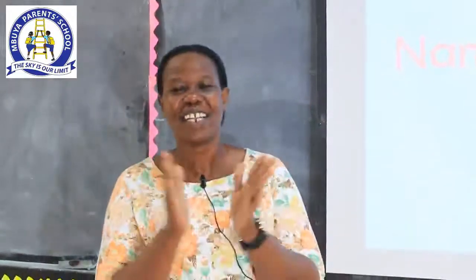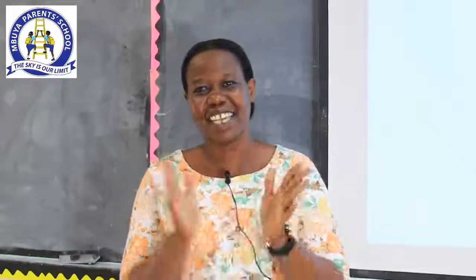Oh, mama chips na, mama chips na, letter R, R, letter I, letter C, letter E. Which word is that? Rice. Oh, mama chips na, mama chips na, letter E, letter G, letter G, letter S. Which word is that?